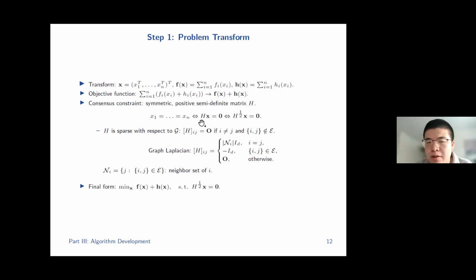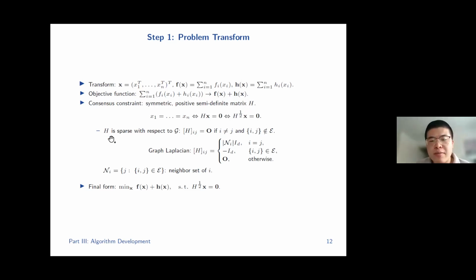Note that we require the matrix H to be symmetric and positive semi-definite, so that the square root of H exists. And the linear equation Hx equal to 0 is equivalent to the linear equation square root of H times x equal to 0.